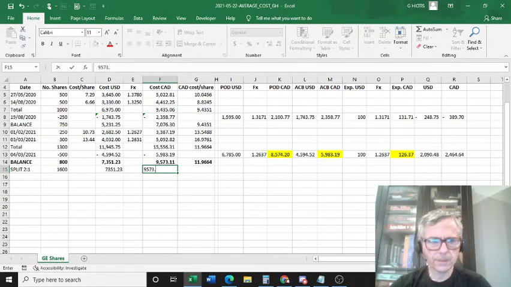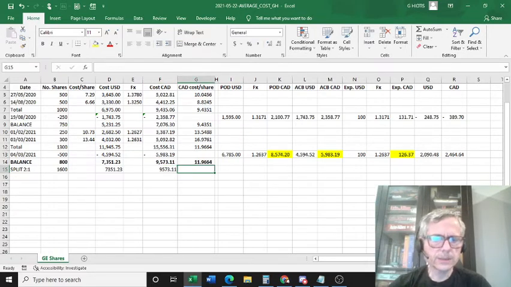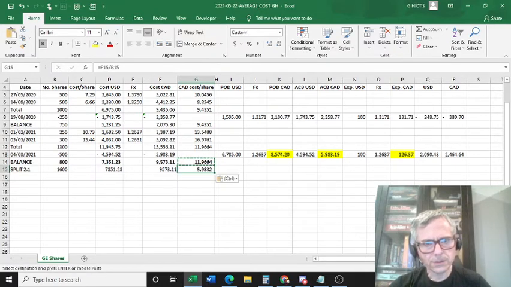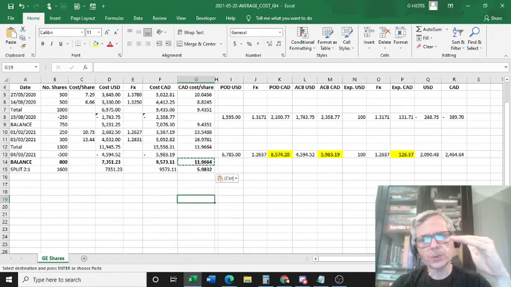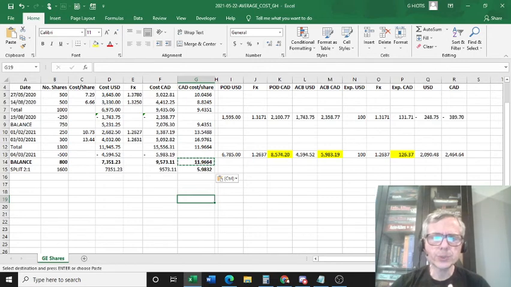Okay, and now this makes sense. The unit cost will be halved. So with a 2-for-1 split, your number of shares doubles, and your price per share is halved. That makes sense. What I was doing before was something out in left field. Sorry, folks. I apologize for that.